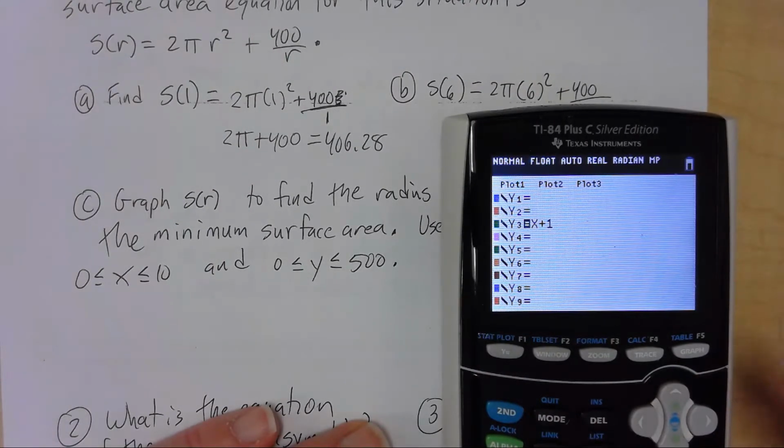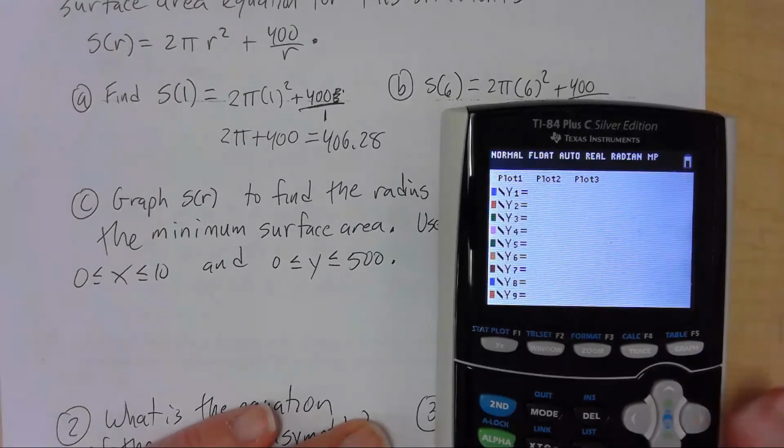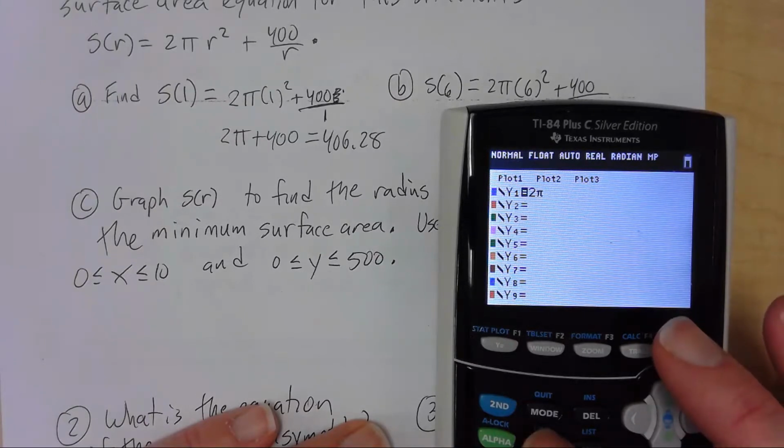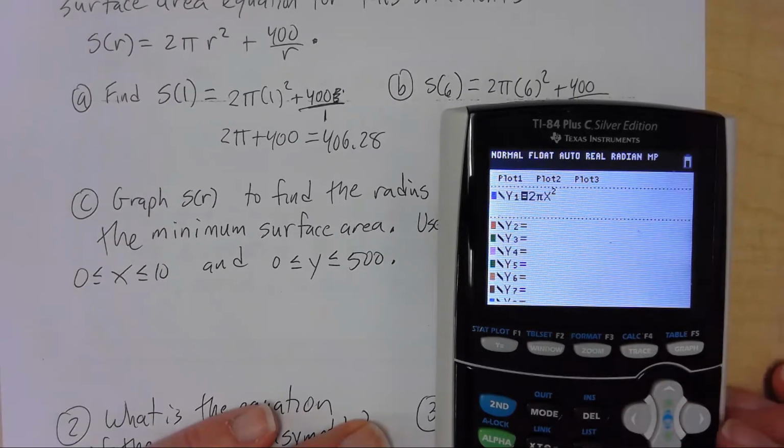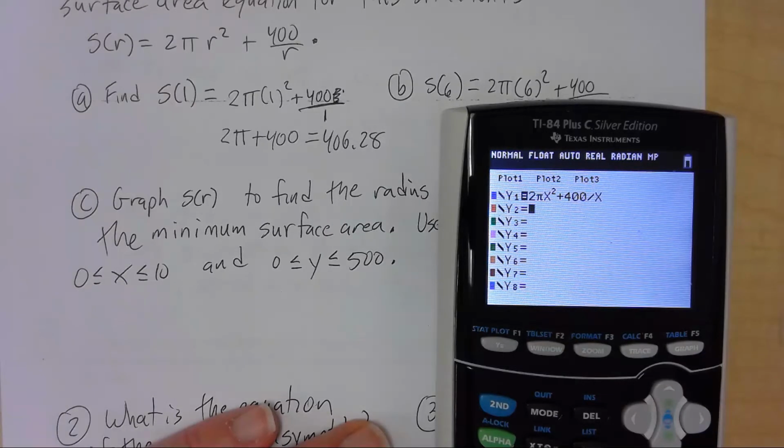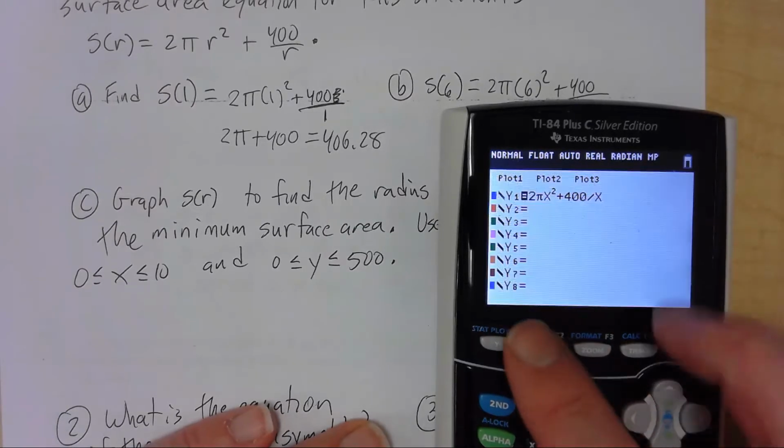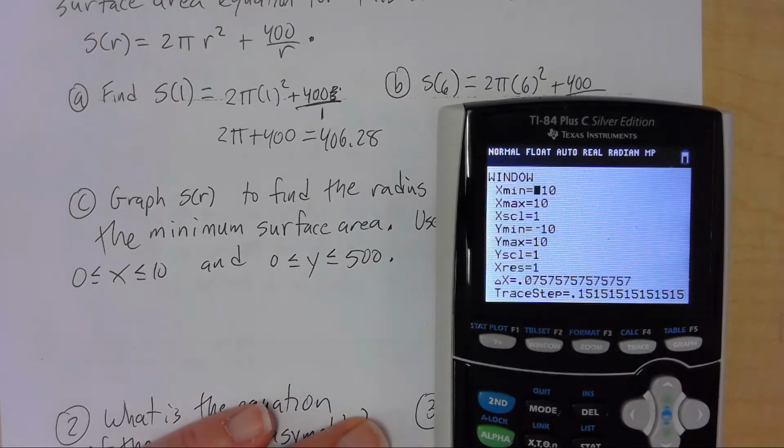Clear, and type it in, 2 second pi, and then no, it's got to be x squared because there's no r button, and then plus 400 divided by x. Enter. All right, so we'll go to the window key, which is right here, and then 0 to 10, and then 0 to 500.